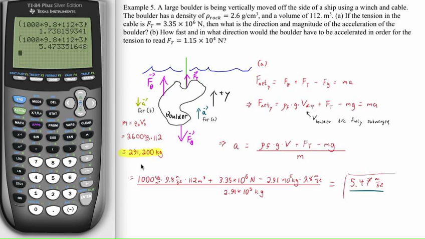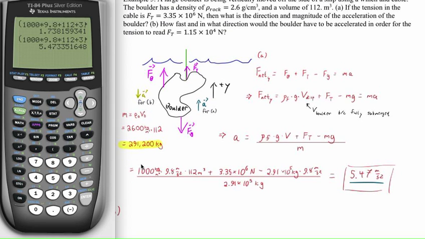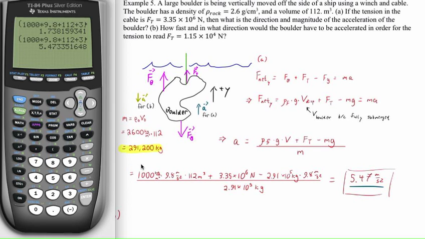And obviously part B is quite similar, although we're just going to show that we get a negative acceleration, so I'll quickly run through that. So part B, everything's the same. How fast and what direction would the boulder have to be accelerated in order for the tension to read 1.15? So before, we were pulling the rock up out of the water, and that required a certain tension.